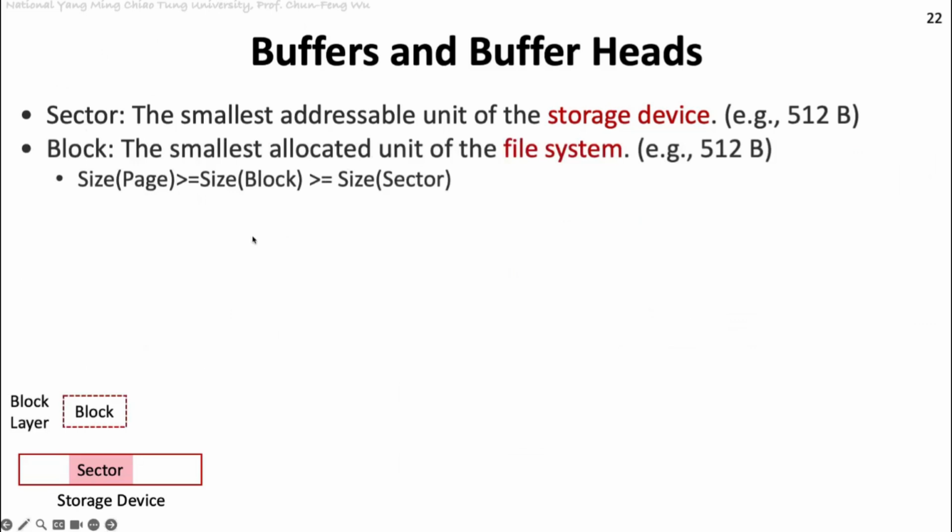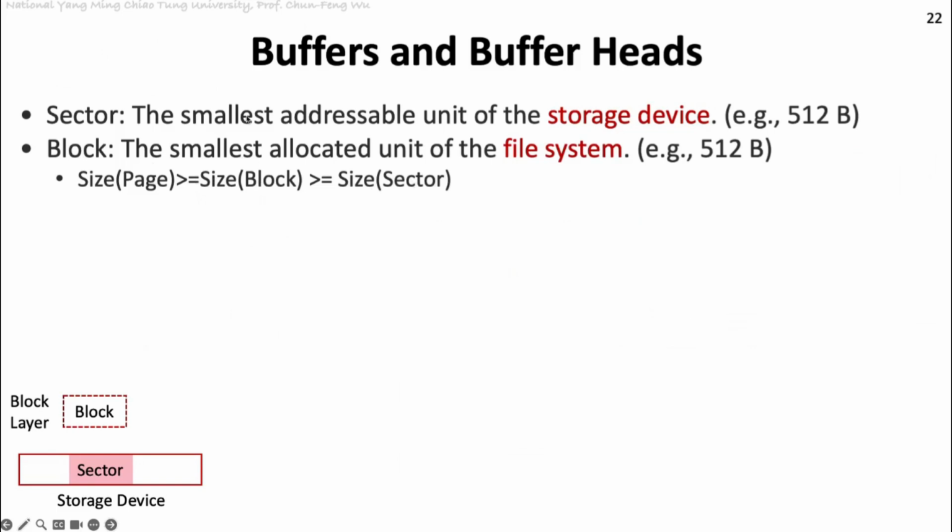And then the second one is the block. The block is the smallest allocated unit of the file system. As I mentioned, the file system doesn't really know about sectors or what happens inside the SSD, so it needs another concept called the block. The size relationship is usually that the page size is larger than the block size, which is larger than the sector size.